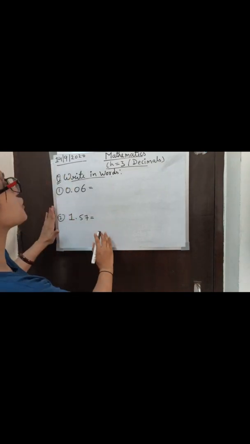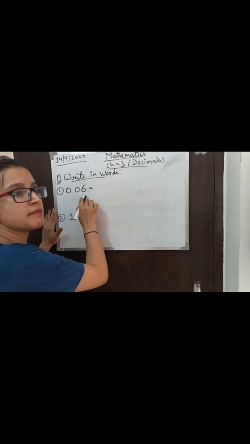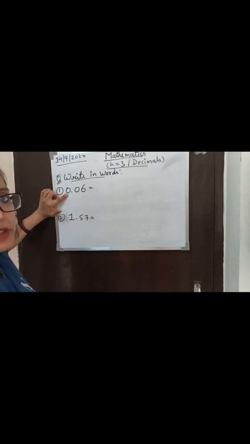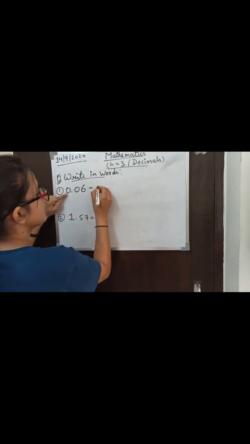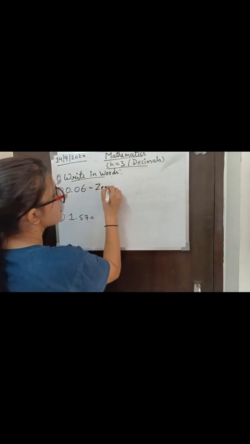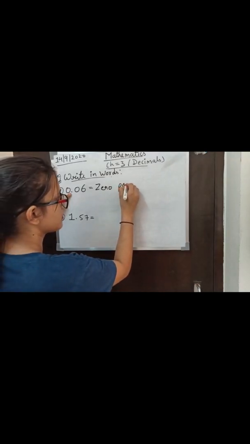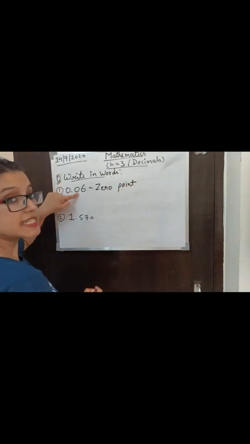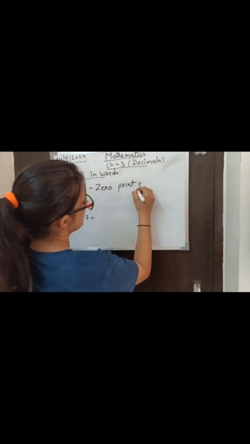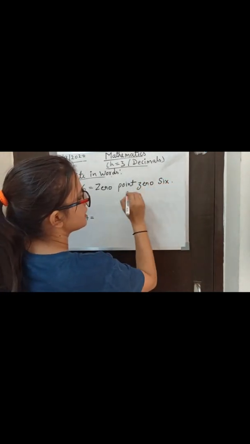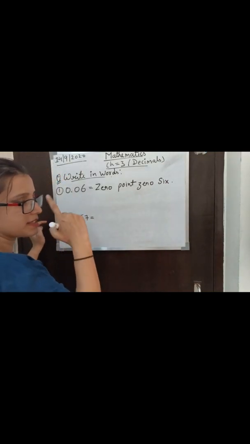In this question also, we have to write decimal numbers in words. So let's solve. First we will write the whole part here. What is the whole part? 0. So write 0 point 0 6, 0.06. We will write each and every digit of the decimal part separately.